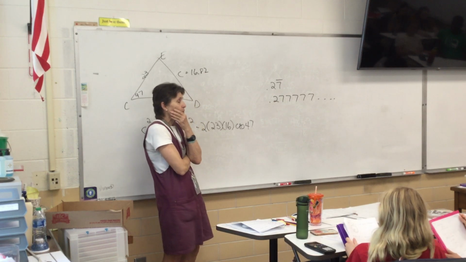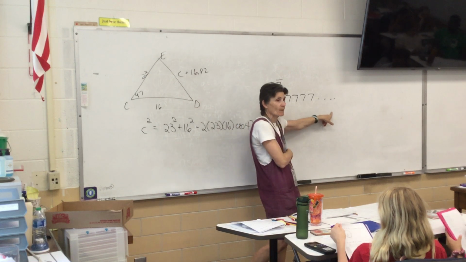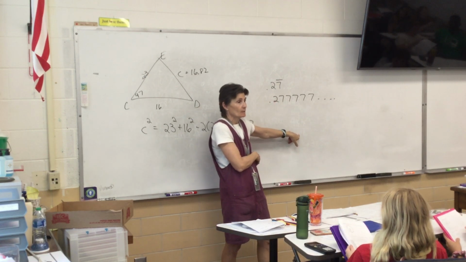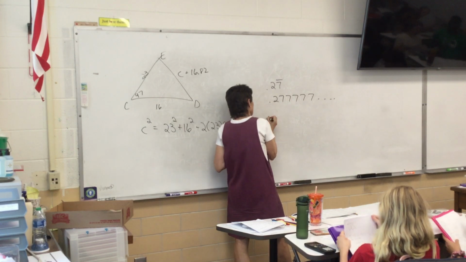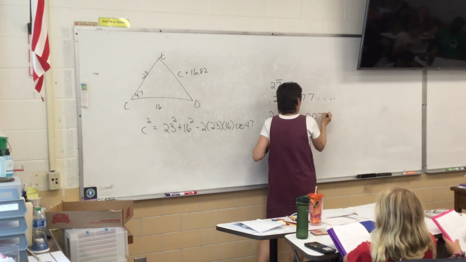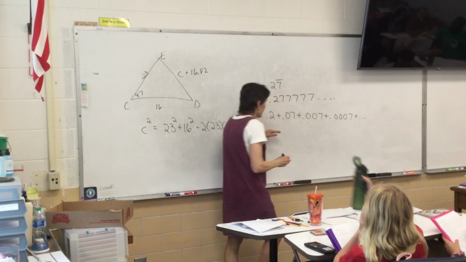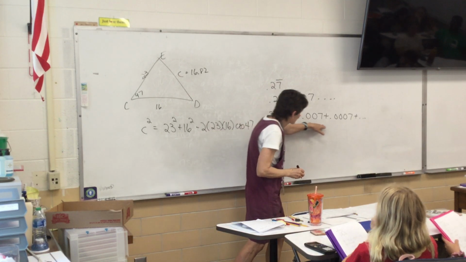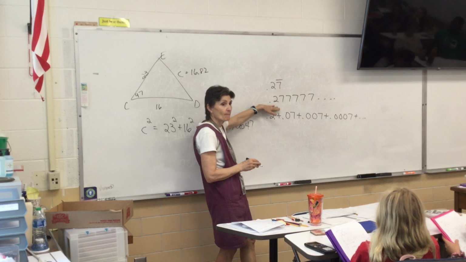All right, would you agree that 0.2 repeating 7 looks like this if I write it out? And would you agree that this could be divided up and written as a sum of a bunch of other decimals, that if I added up this string, I would get this? Think about that for a minute.